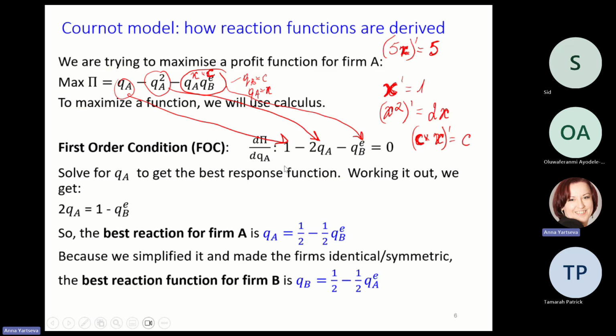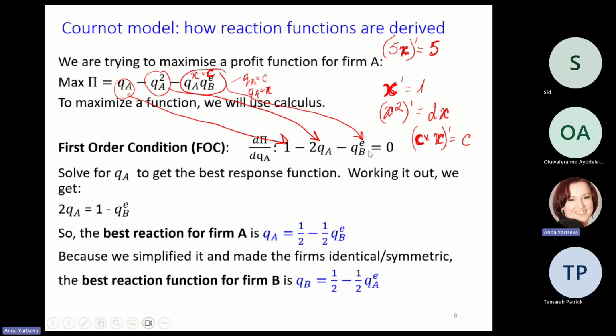So you might be asked not to calculate quantity, so you don't complete the whole model in the test, but you can be asked to derive the reaction function. And this is how you do it. It's basically this particular slide. So differentiation is important. So just do a little bit more practice, refer to examples from the slides on calculus revision as well, so that it becomes more natural for you.